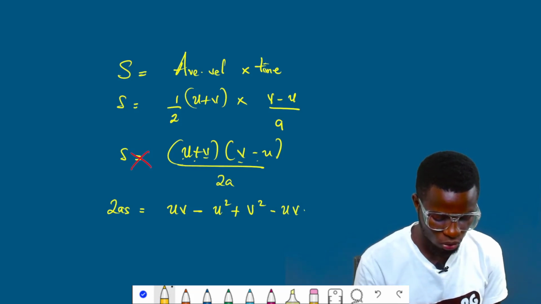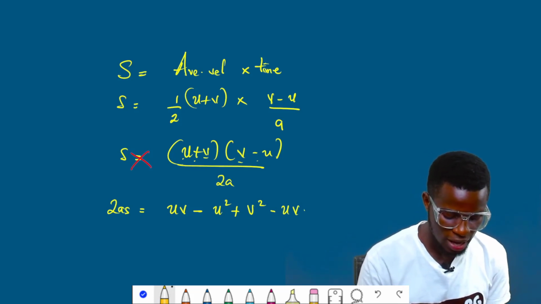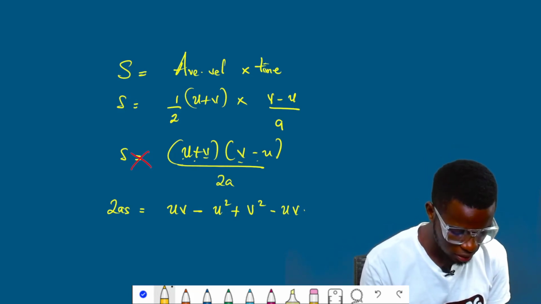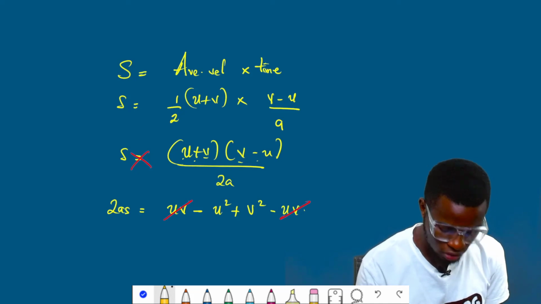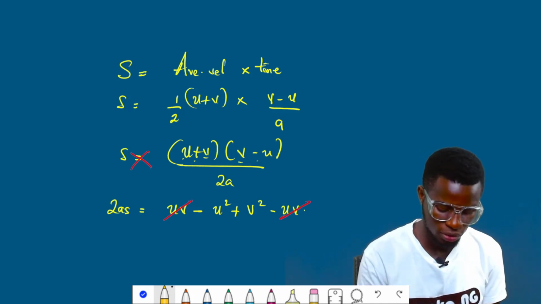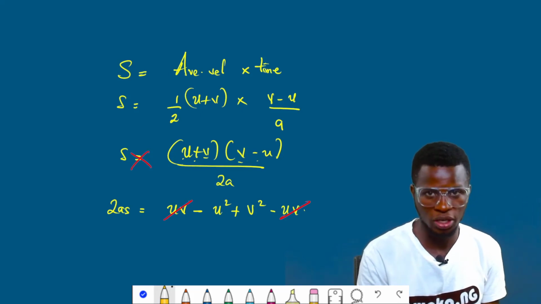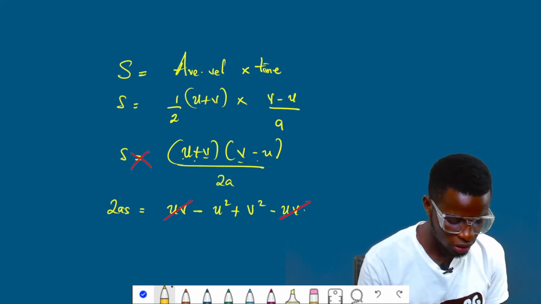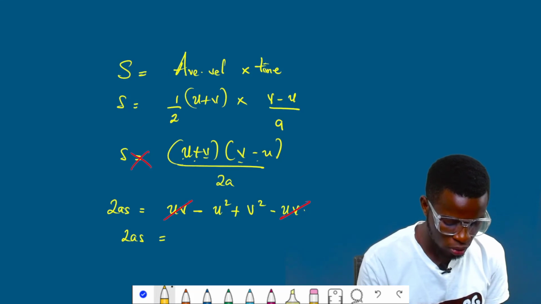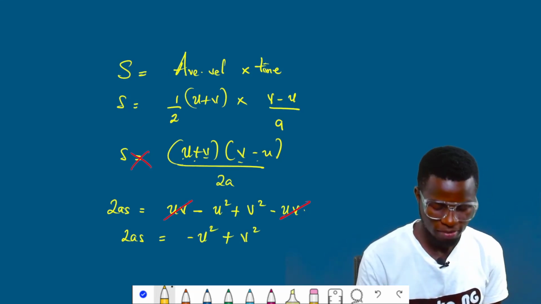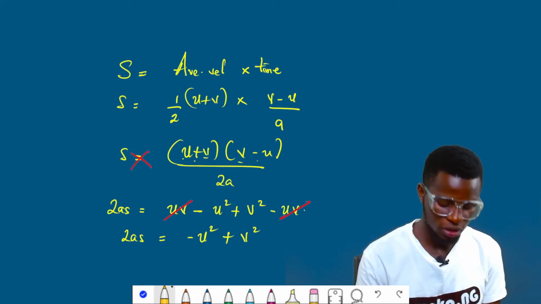You agree with me that uv will cancel minus uv, it's just like saying minus 1 plus 1, it will give us 0. We will be left with 2as equals minus u squared plus v squared.